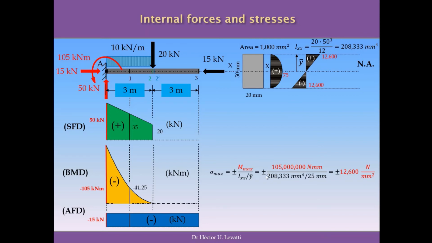This is the reason why you have a plus and minus in here, and this is the final result after the calculation. So the bending stress in compression or in tension will be equal to 12,600 Newton per square millimeter. In this particular case, for this cantilever beam and for this cross section we have defined in here.